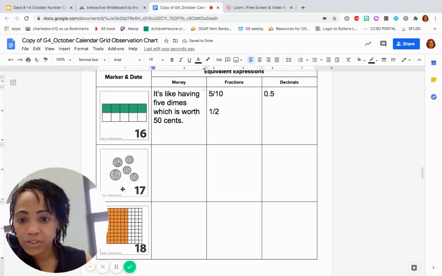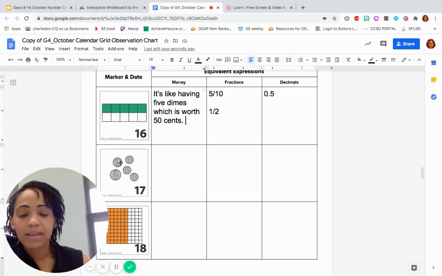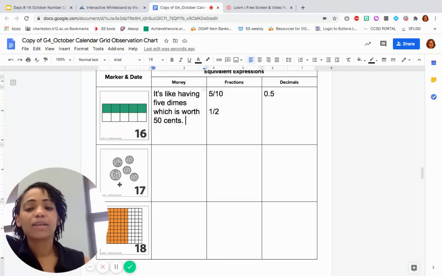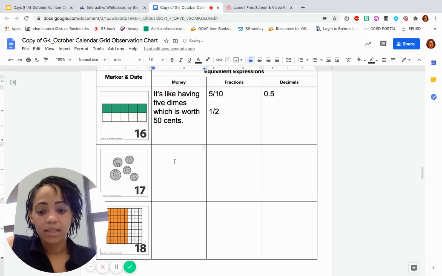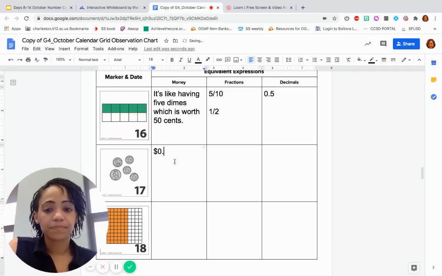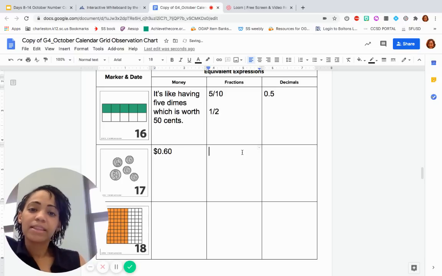So here's the picture. It looks like we have a quarter, a dime, a dime, a dime, and a nickel. Let's count that. 25, 35, 45, 55, 60. 60 cents. And so I'm going to write it just like that in our money notation. Right, how would I write that as a fraction?